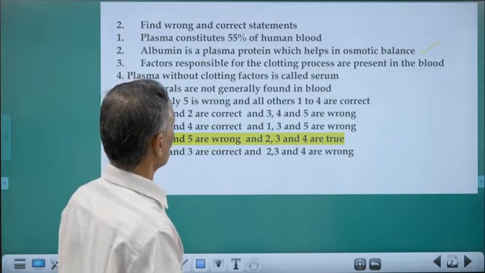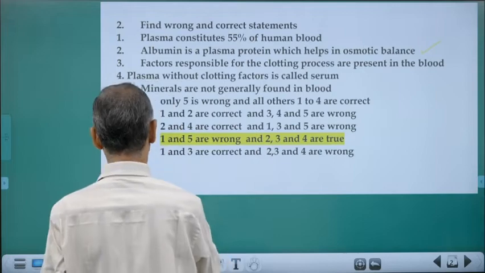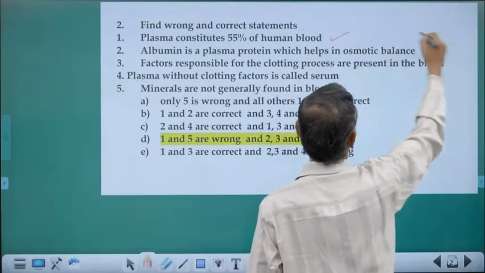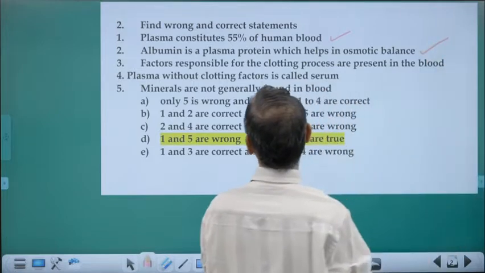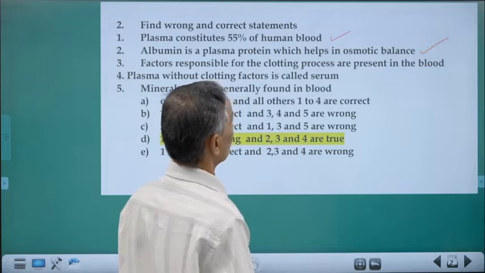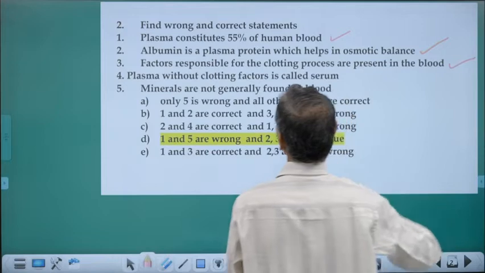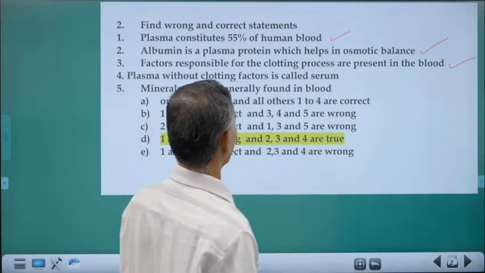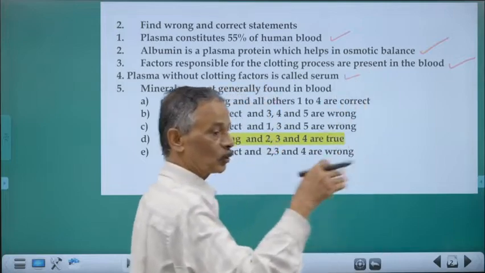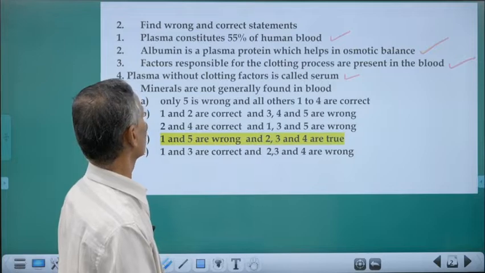Factors responsible for the clotting process are present in the blood. Yes, that also is a correct one. Plasma contains factors responsible for the clotting process. Plasma without clotting factors is called serum. When the clotting factors are all removed, we call it serum.